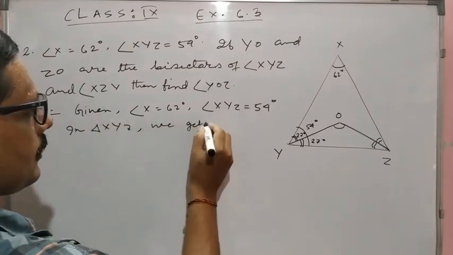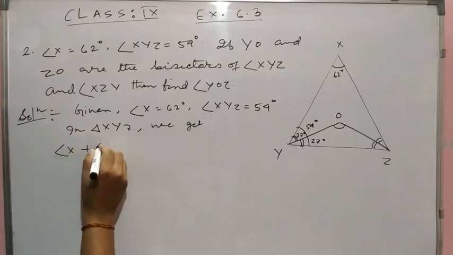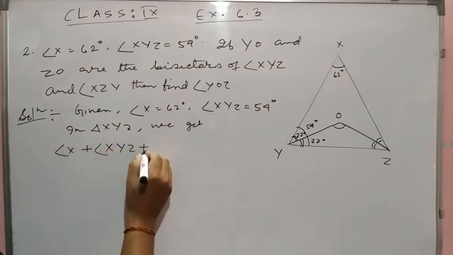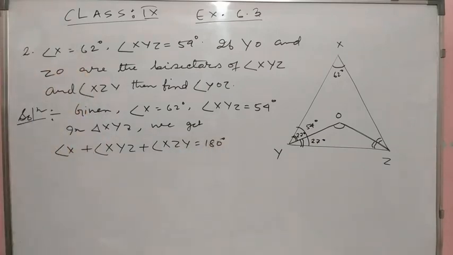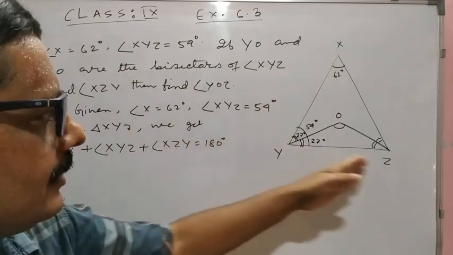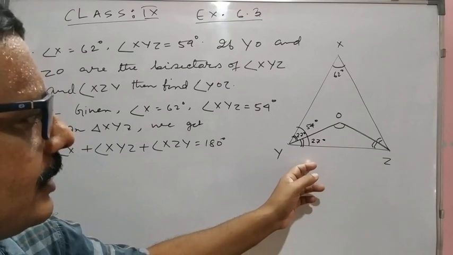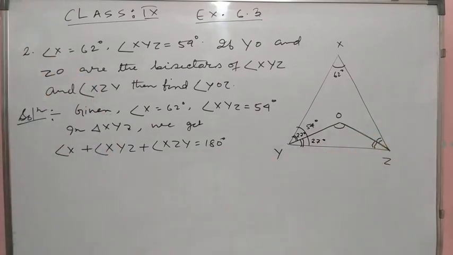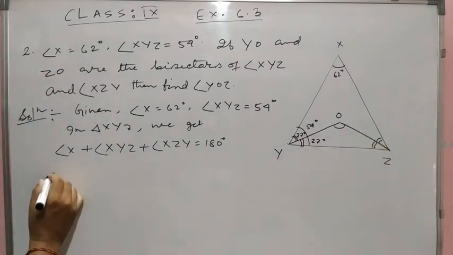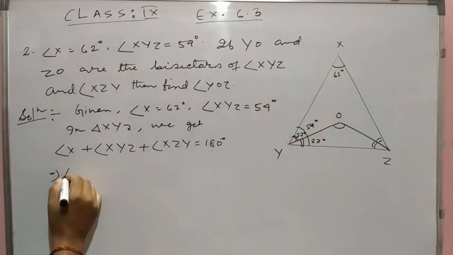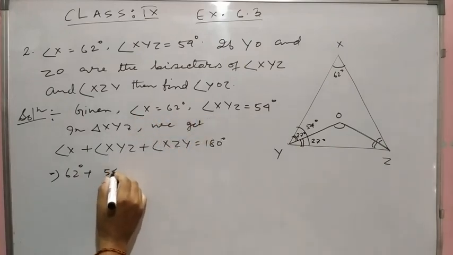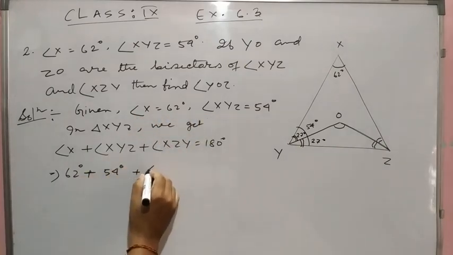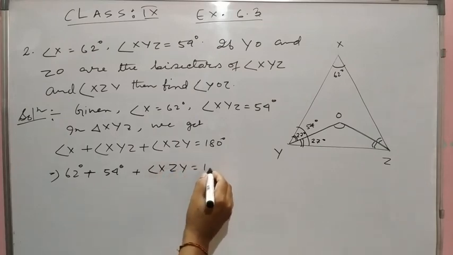We get angle X plus angle XYZ plus angle XZY equals 180 degrees. Here the value of X is 62 degrees and XYZ is 54 degrees, and XZY is not given.